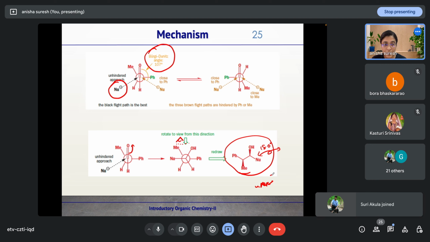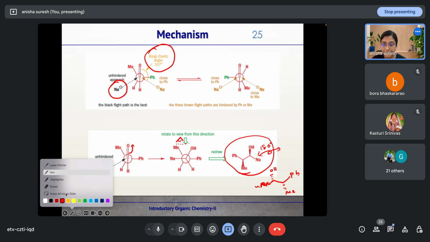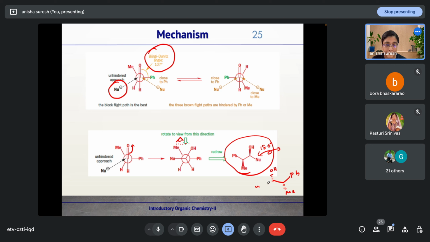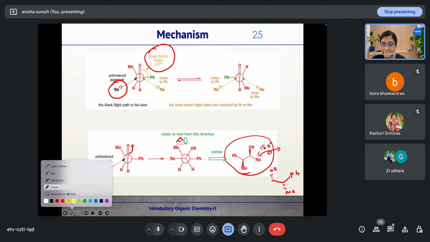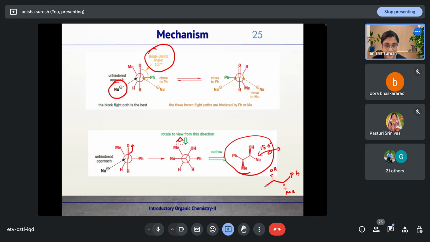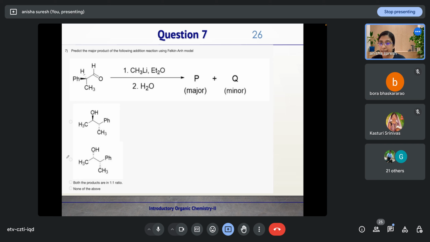OH will be coming downside, methyl will be coming downside, and phenyl. Nu is equivalent to methyl. So this will be the right option in our case. Clear? This will be the major product.